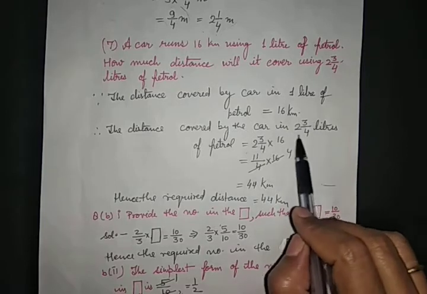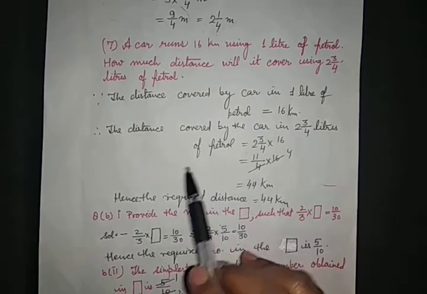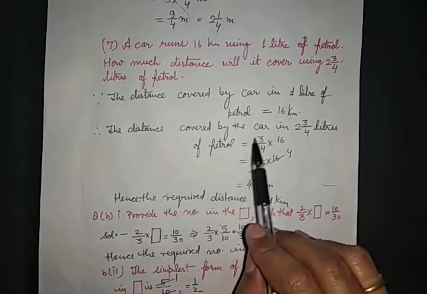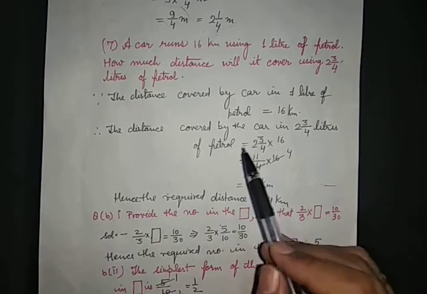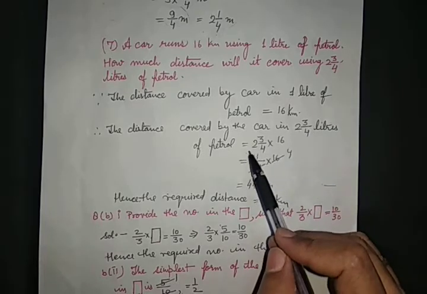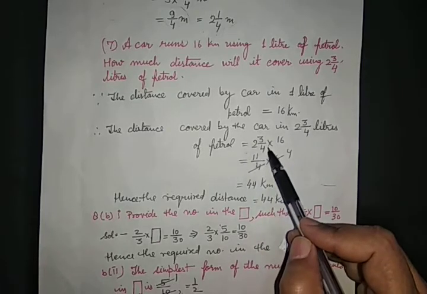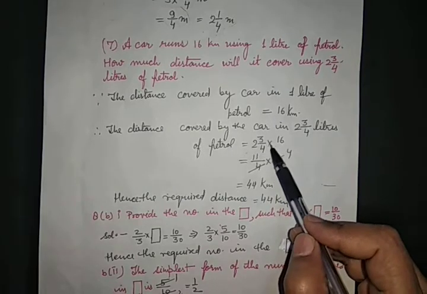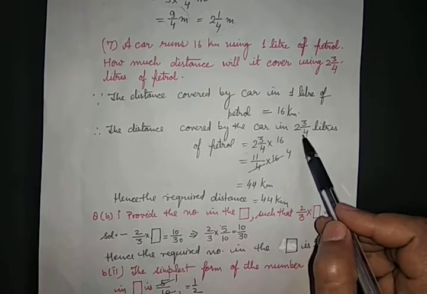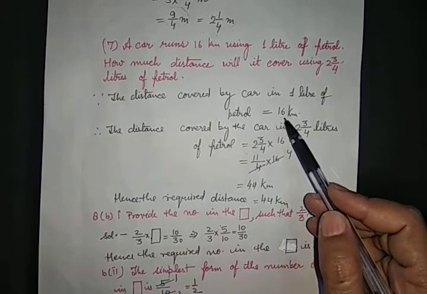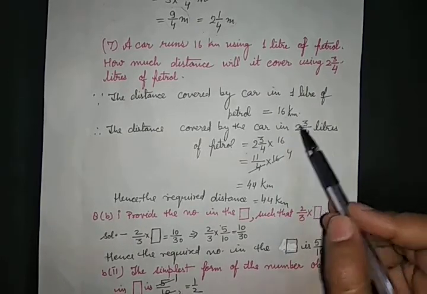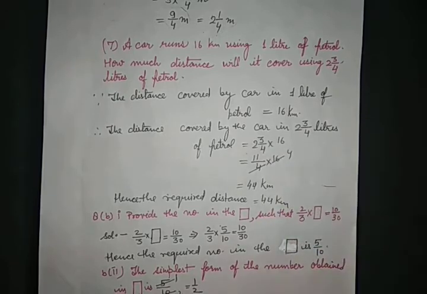So 2 whole 3 upon 4, here the distance will also increase. So you will multiply 2 whole 3 by 4 into 16 kilometers. The distance covered in 1 liter, 16 kilometers, you will multiply with the quantity of petrol.